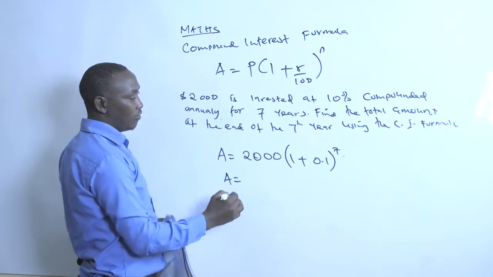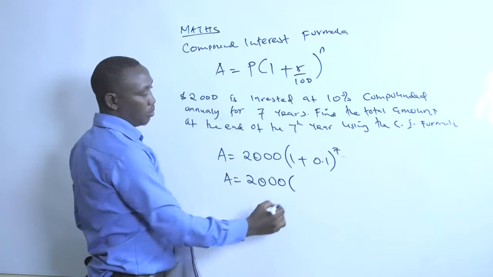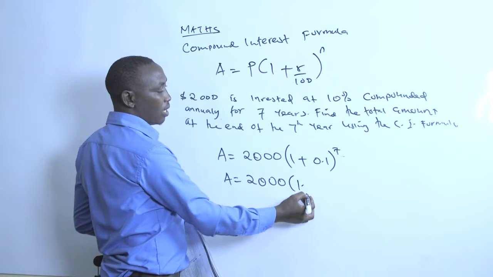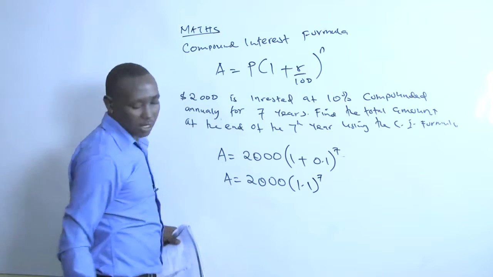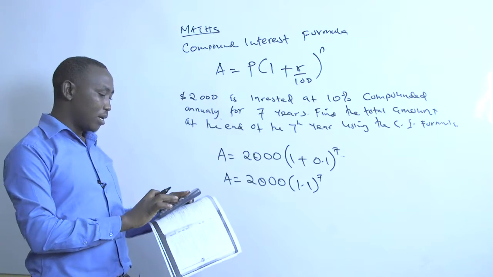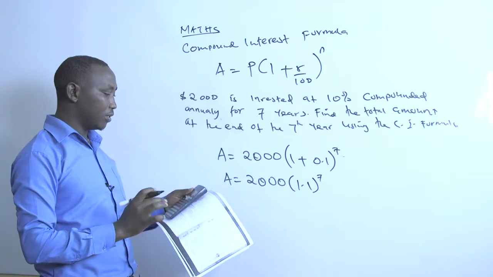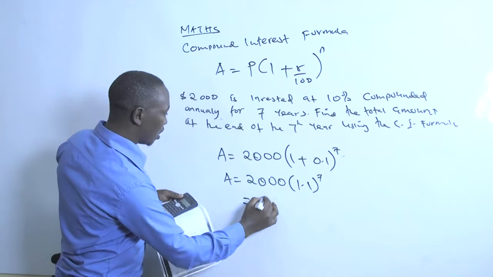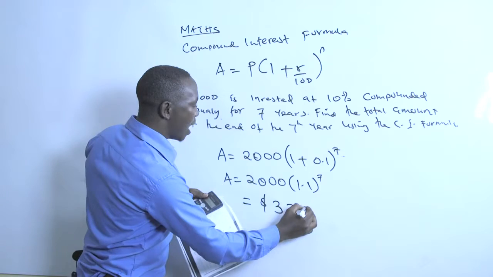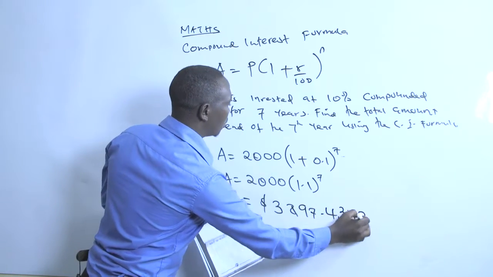So this one is going to give us 2,000 multiplied by, when you add 1 plus 0.1, you get 1.1 raised to 7. So when you calculate that, 1.1 raised to 7 multiplied by 2,000, you get a total of 3,897.4342.